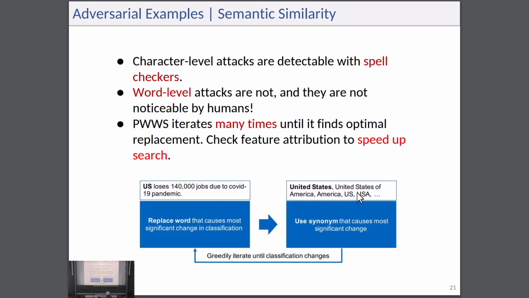One example of a method here is PWWS, where very simply you take a sentence that you want to use as an attack, the original sentence, and you start changing words until you fool the model. That seems like an extremely greedy strategy, but given enough tries, it will work. What PWWS uses further to reduce the space it has to search for this adversarial attack is looking at what features, like what input words, are the most profitable to perturb.